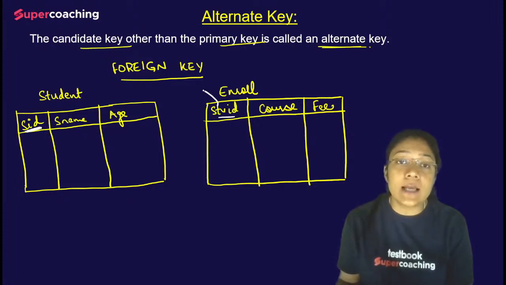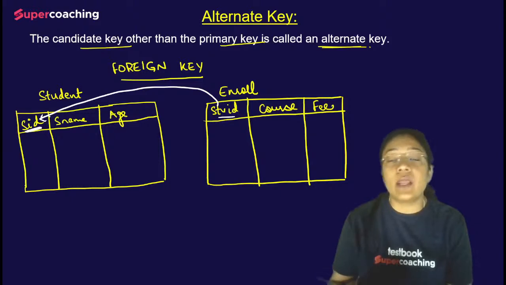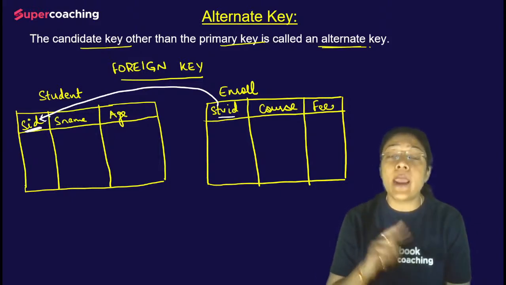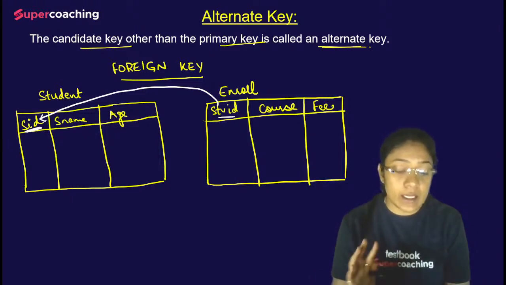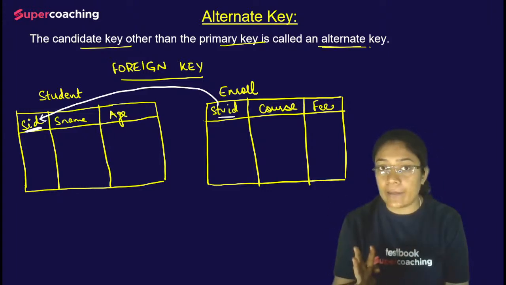So this means the student ID is referring to the values of the SID of the student table, where SID is the primary key. Is that clear? SID is the primary key of the student table.